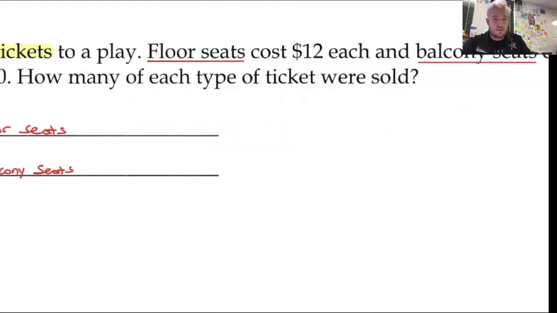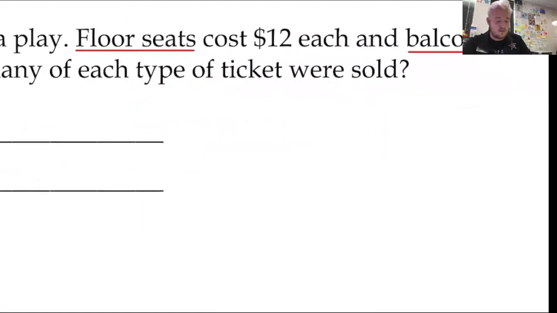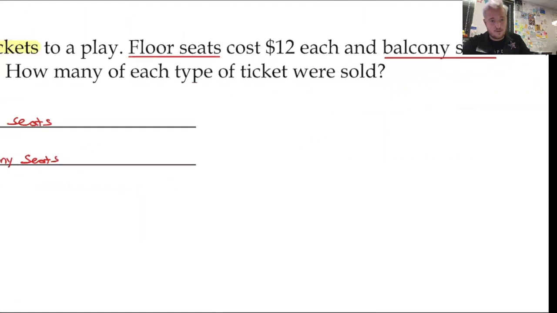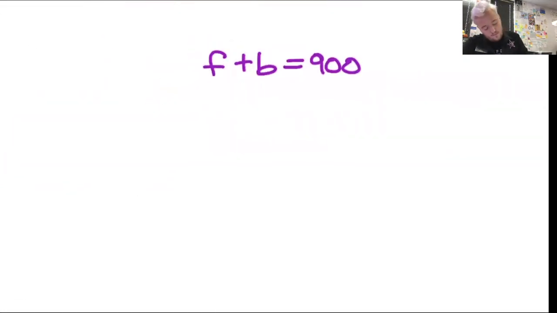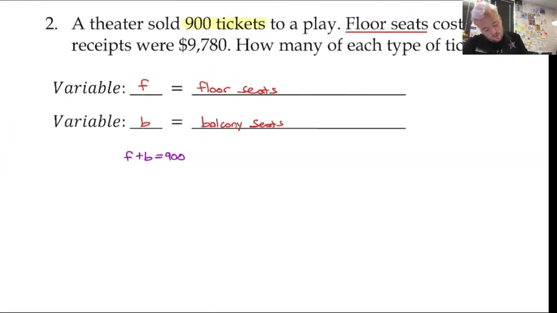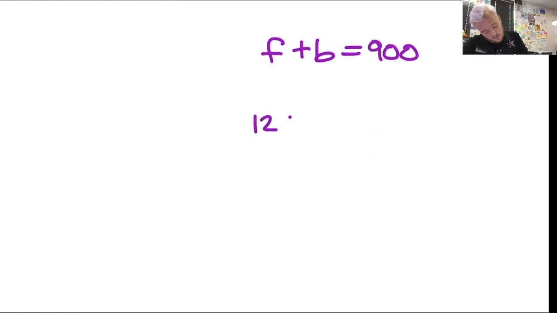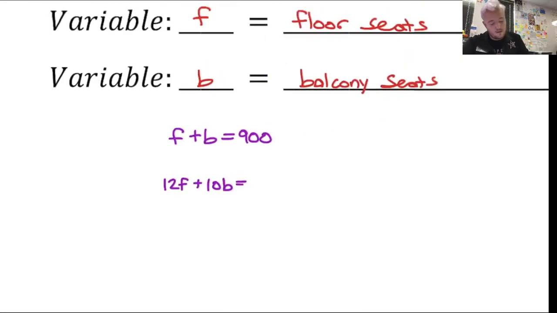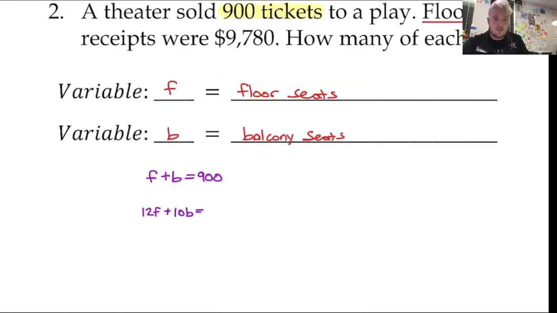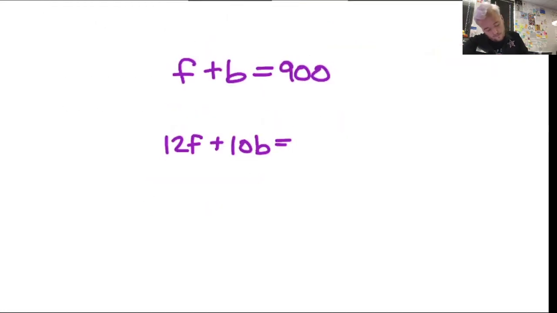If floor seats cost $12 each and balcony seats cost $10 each, so floor seats were 12. So 12F plus 10B, this is going to be their profit equation, which means they are going to make a total of 9,780.